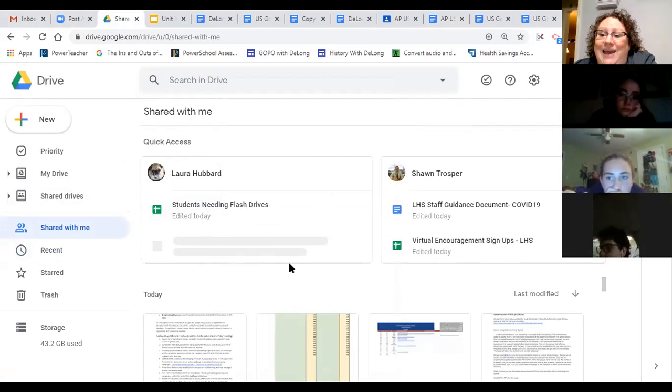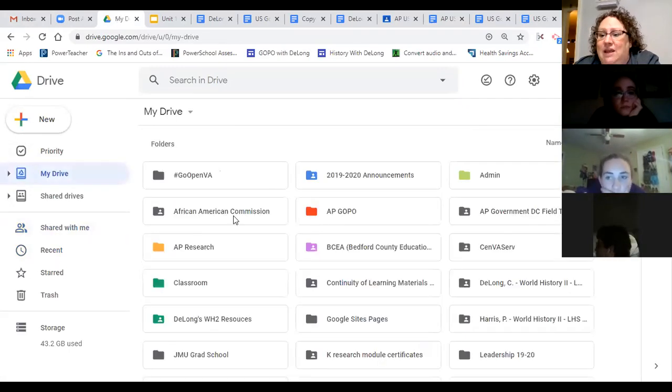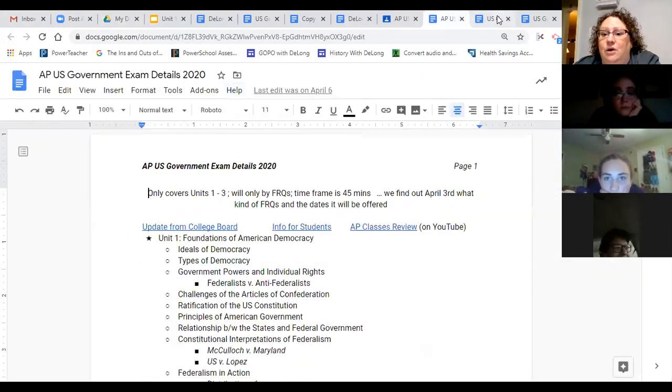So I right-clicked on it, and I added it to my drive. Then anytime Dr. Trosper makes a change to it, I can see it in my drive. So you guys can go to my document, the one that has all the details, everything you need to know, info for students, all these links. You guys can add that to your drive.